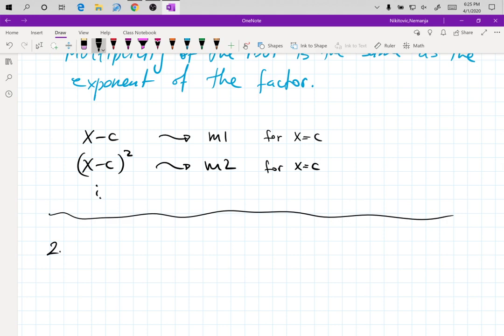Then we had 2.4, which was division of polynomials. And in division of those polynomials, we also had those two theorems that were very important.